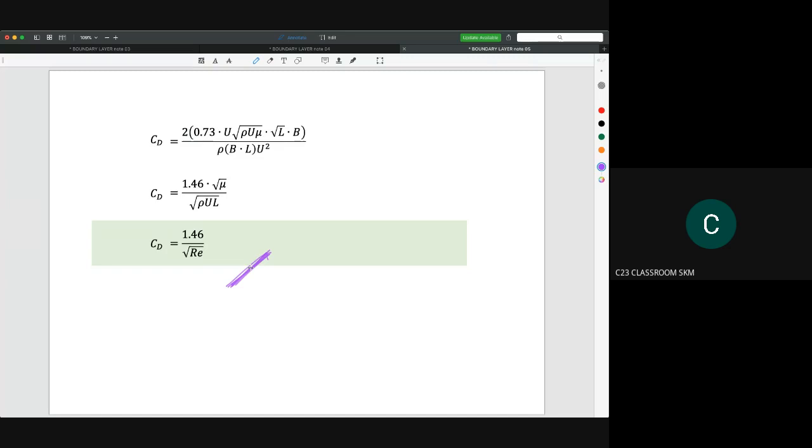Please do not make a mistake: this CD is not for all conditions. This CD is calculated based on the specific velocity profile. In this question, we use a second order polynomial velocity profile, with u over U equal to y over delta to the power of 2. So you will get its specific delta and also a specific value for the drag coefficient.